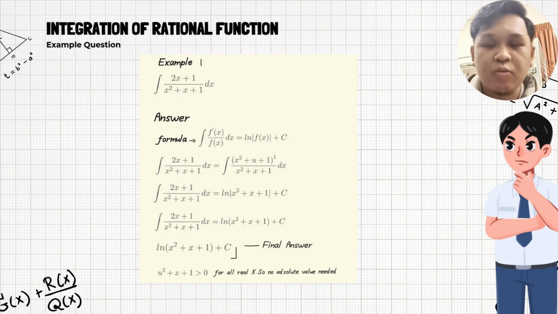So this is the example question for the rational function. In this question, we use the f prime x over f x dx formula to get natural log of f x plus c. Firstly, we need to differentiate x squared plus x plus 1 to get 2x plus 1 to match our numerator exactly.